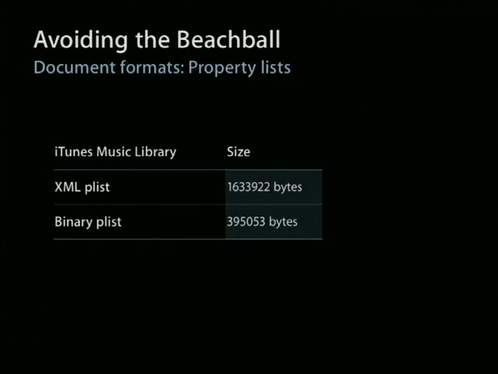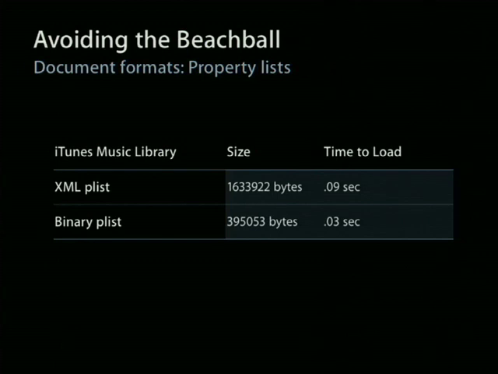So if you've been seeing a lot of time being spent in XML parsing, or if your application is going to be loading a lot of XML plists, you might consider looking at the binary format because that's going to load much faster. It happens to load in roughly a third the time. So just shy of 1/10 of a second for the XML plist and 3/100ths of a second for the binary plist. So it's a pretty good place to shave off some time.